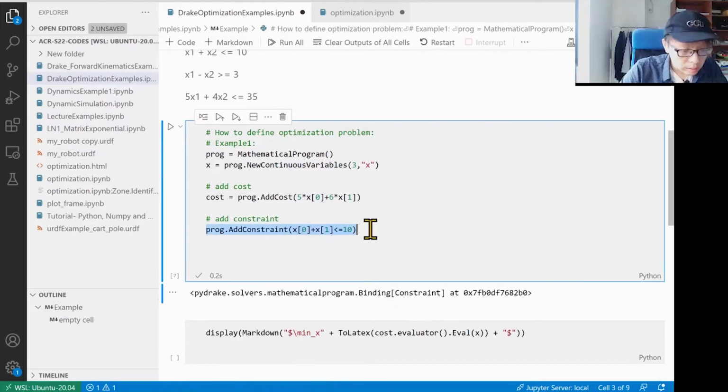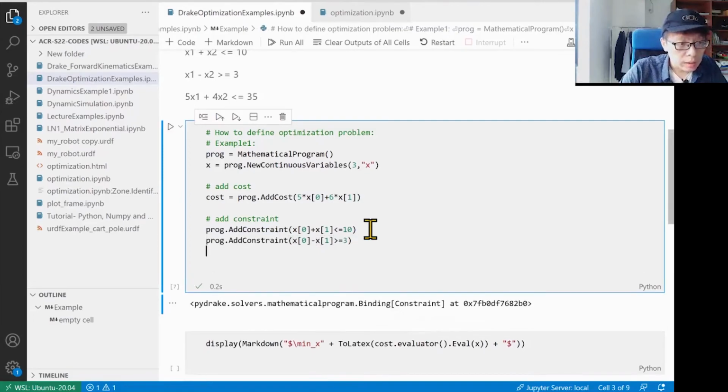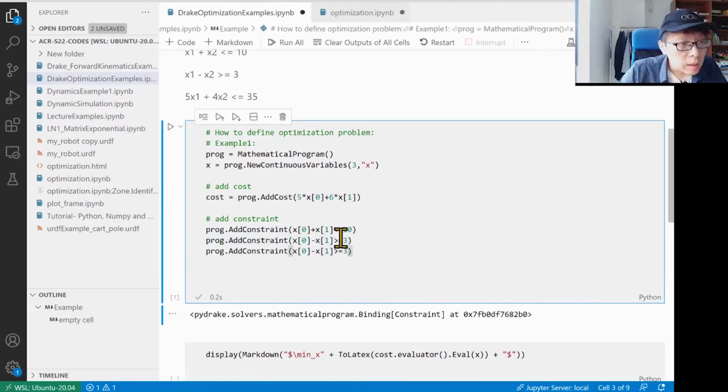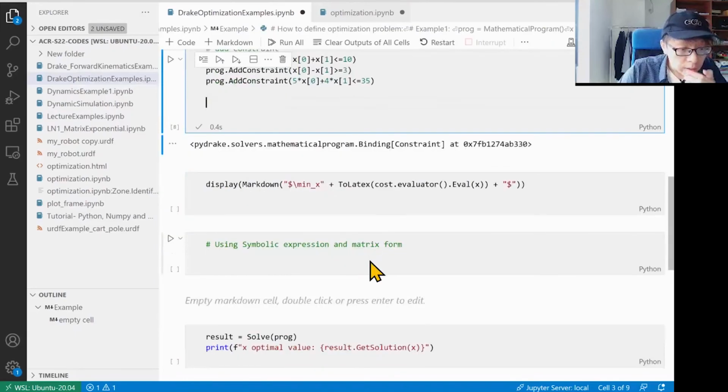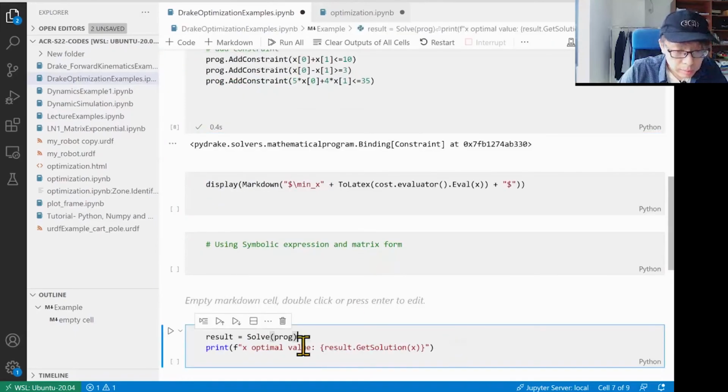And you can add this kind of constraint, which is x0 minus x1 bigger or equal to 3. And the same thing: 5 times x0 plus 4 times x1 less than or equal to 35. Okay, that's my problem. And then later we can solve it. Let me put this here.